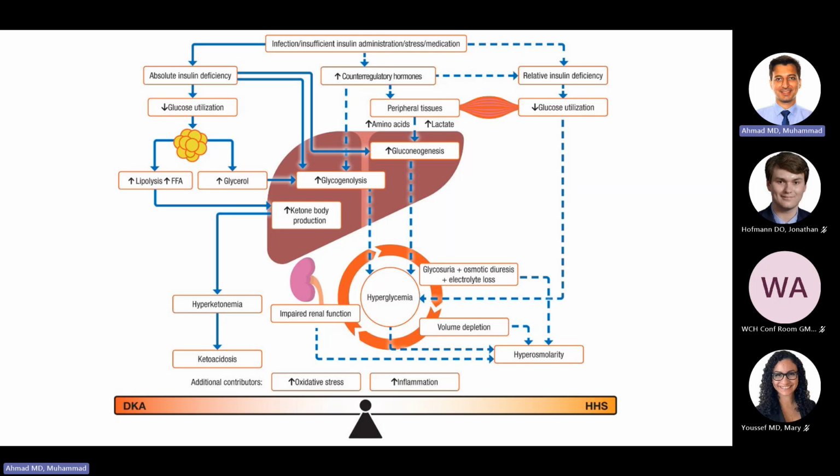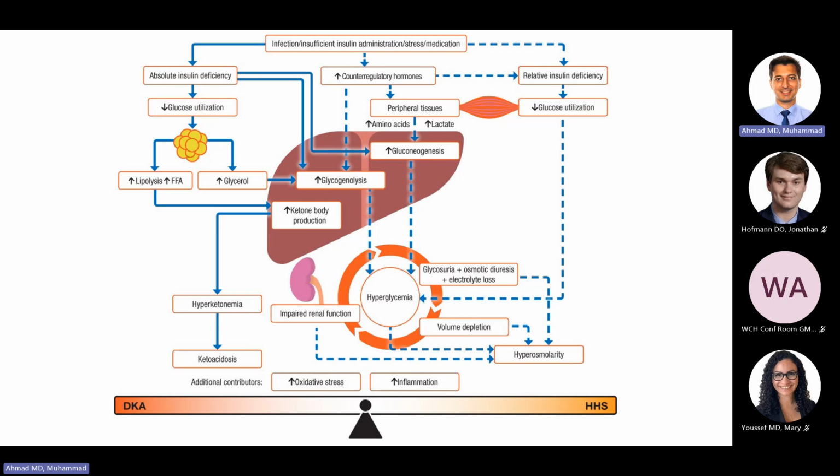So now we will go to the pathophysiology, what basically causes diabetic ketoacidosis and HHS. Like Dr. Ramsakal mentioned, diabetic ketoacidosis doesn't happen all of a sudden. There has to be some kind of reason. Either it could be medication non-compliance, infection, surgery, or inflammation, which can lead to diabetic ketoacidosis.